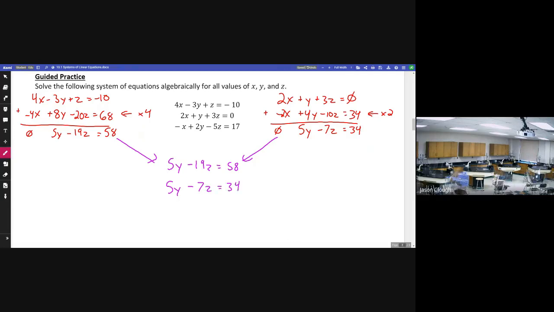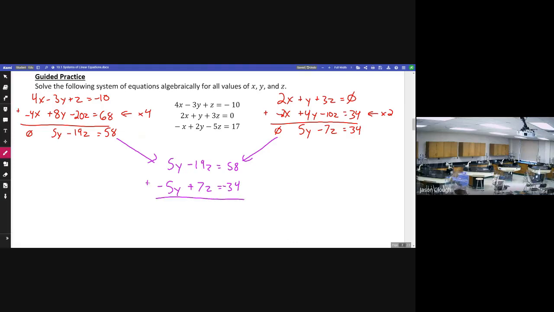Now, in order to get rid of y, I can see that I have a 5y in both equations. So it really helps for me to subtract them. And just to make my life easy, I'm going to distribute the negative to all terms. So negative 5y, the negative 7z becomes a positive 7z, and the positive 34 becomes a negative 34.